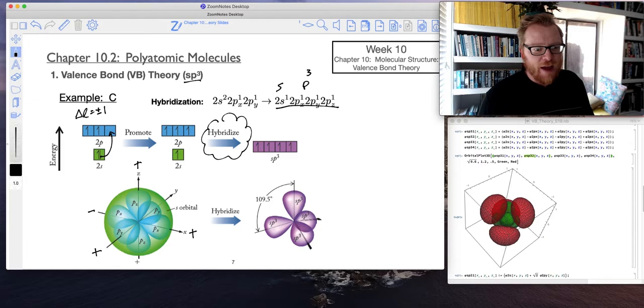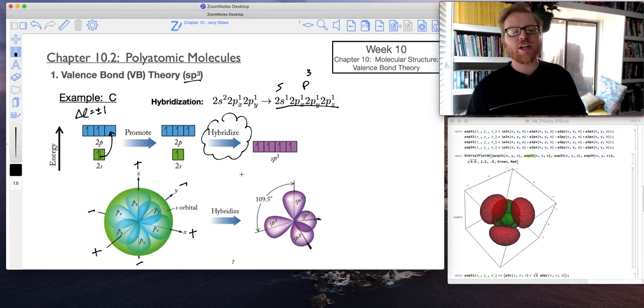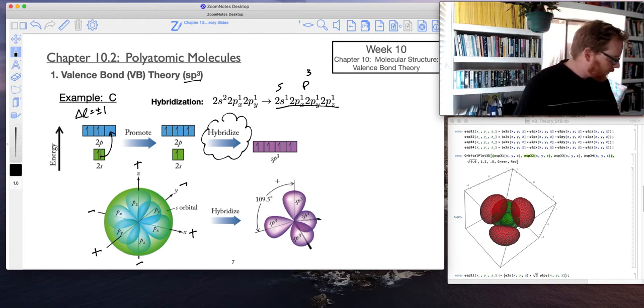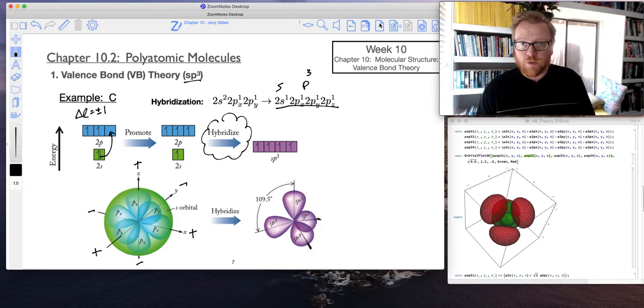There's the negative x, the negative z, and the negative y. And so all of those various regions will interfere constructively and destructively to result in this new hybrid orbital shape that we all know and love as the sp3 with the 109.5 degree tetrahedral bonding arrangement. Okay, so hopefully that is what you remember, the review.